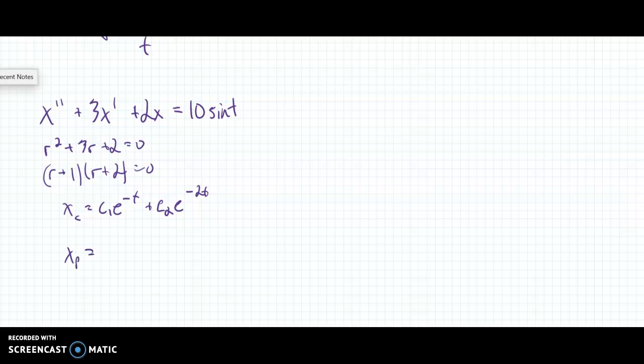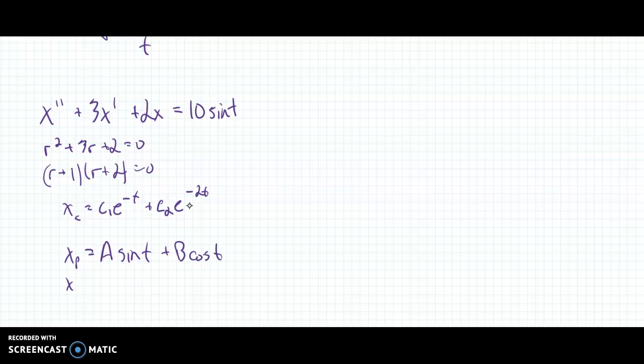So now I do my xp. xp is equal to an a sine t. I don't need to include the 10 here. I can just do the a, and it'll spit out the 10 because I'm going to set up the equation to make it do that, plus b cosine t.